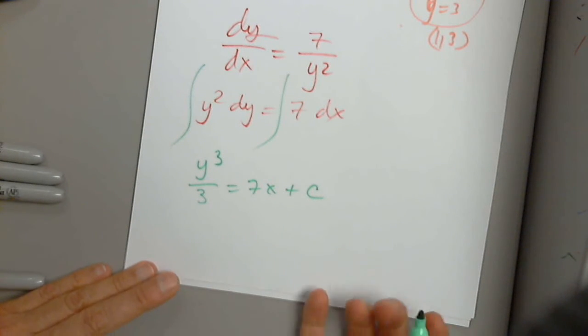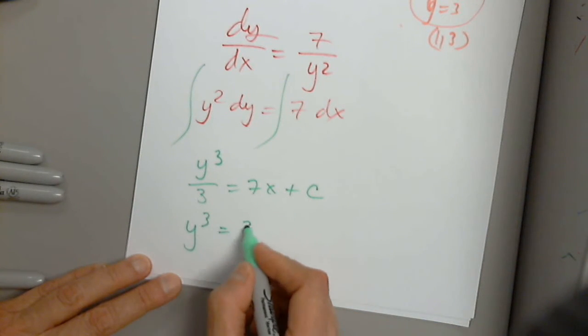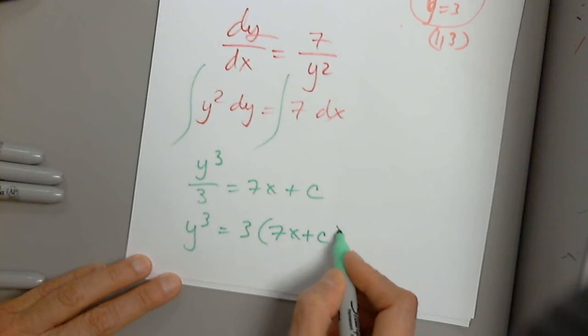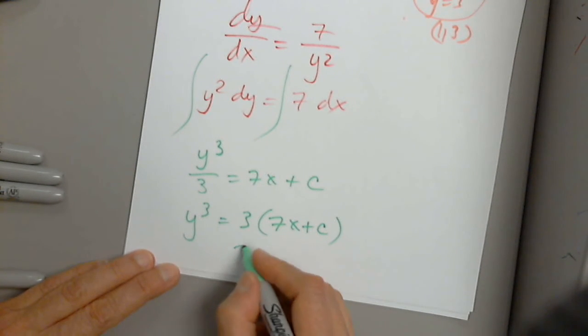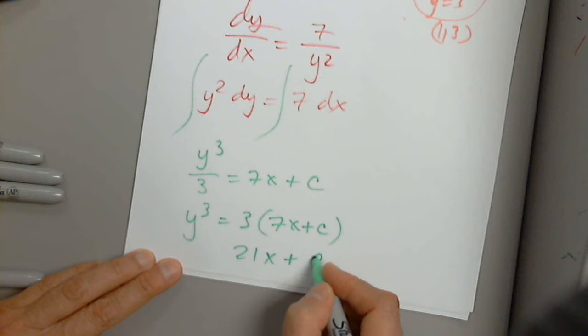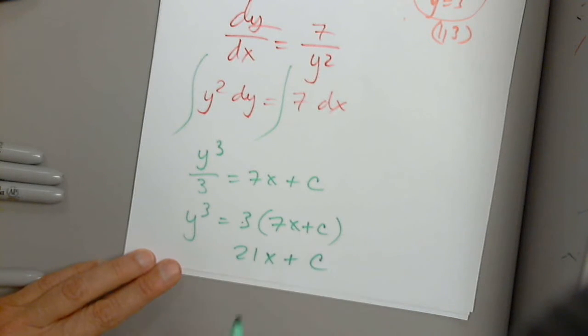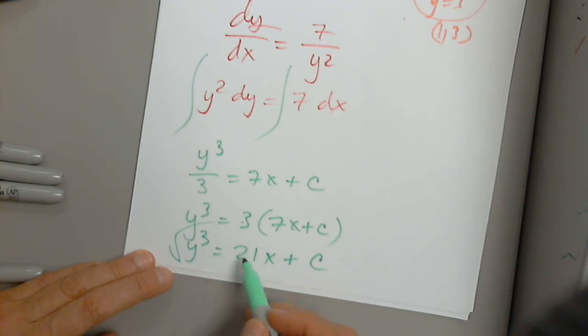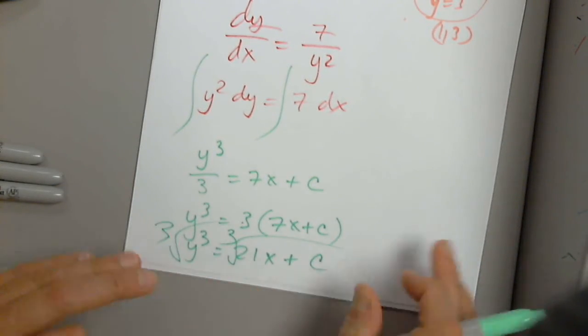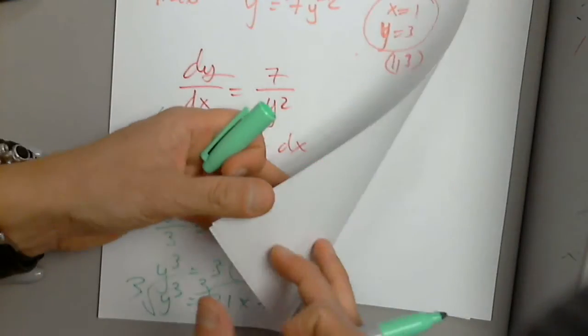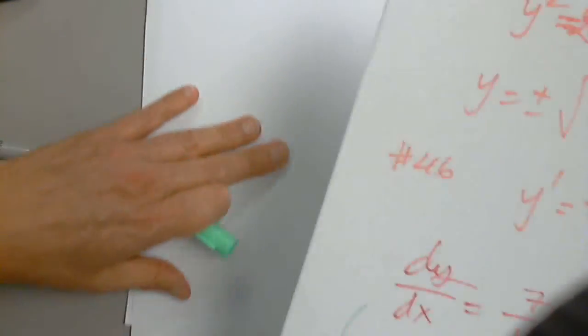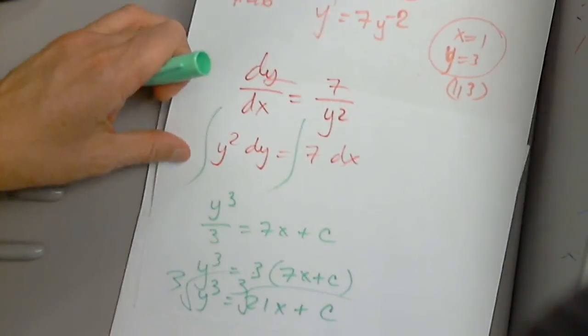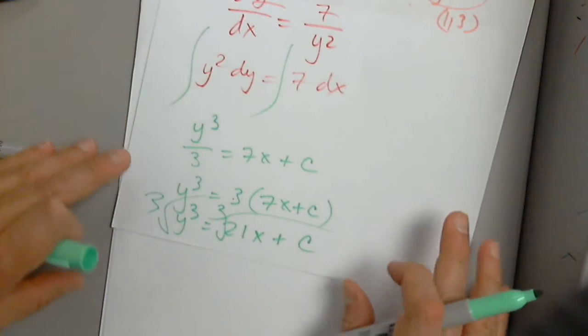Of course, we'll multiply everything. You can write 21x plus a constant c. When I multiply 3 by c, I still get a constant. And then I will have to take the cube root. So I think it's better before we take the cube root.